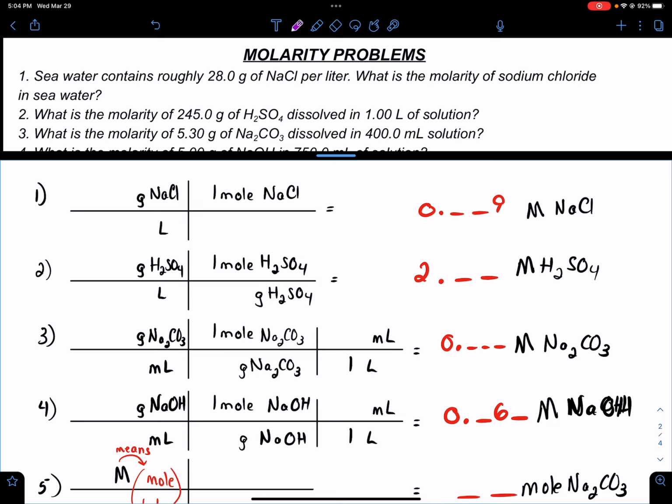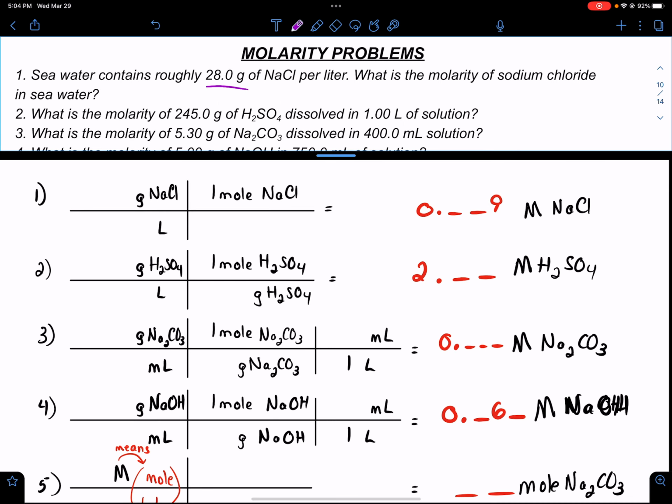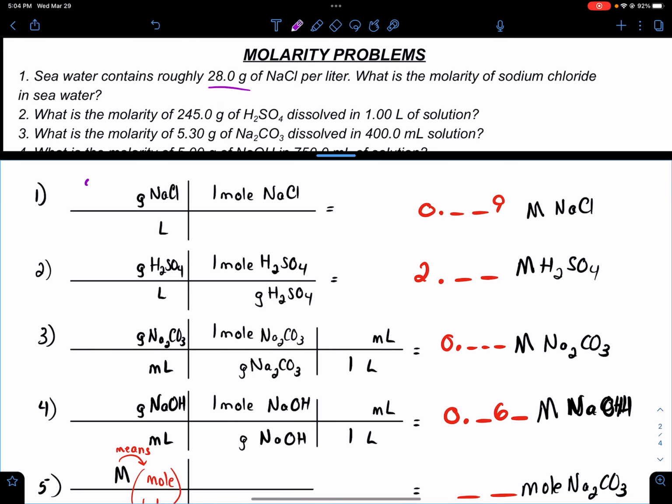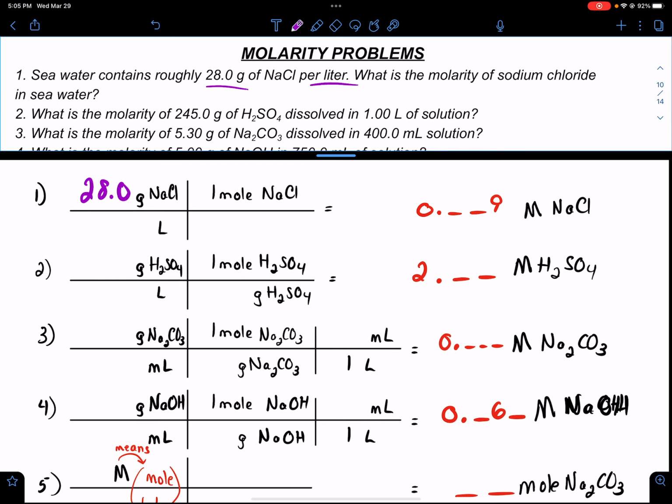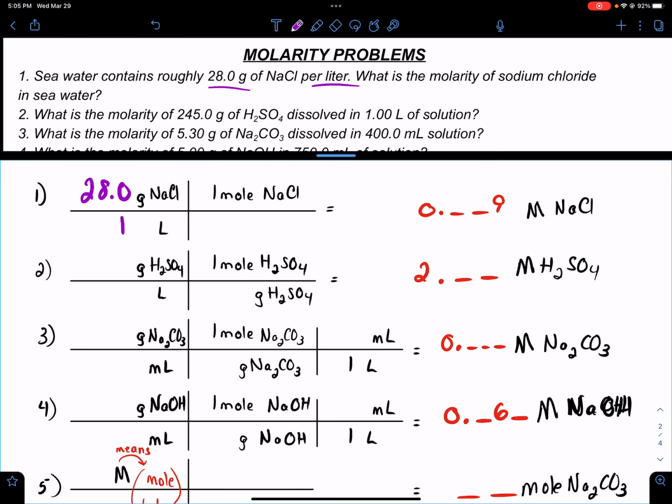So you can see 28 grams right here, so we're going to put 28.0 grams in for your salt. Underneath it, you see the liter. How many liters is it talking about? Right here, it says per liter, so that's just 1.